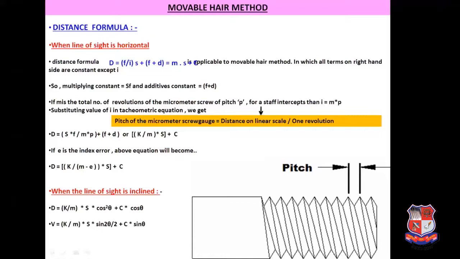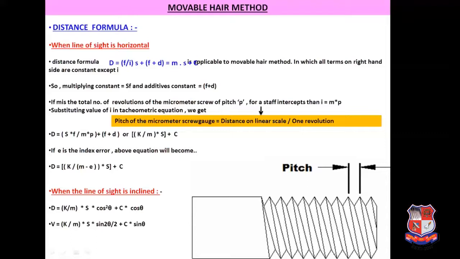So the distance equation will become D is equal to S into F upon I, where we put I as M into P. So D is equal to S into F upon M into P, plus F plus D, that is equal to K upon M into S plus C. Here S into F upon P we consider as the constant K. If E is the index error, the above equation will become D is equal to K upon M minus E into S plus C. So this is the equation to find the horizontal distance in case of the movable hair method when the line of sight is horizontal and staff is inclined.